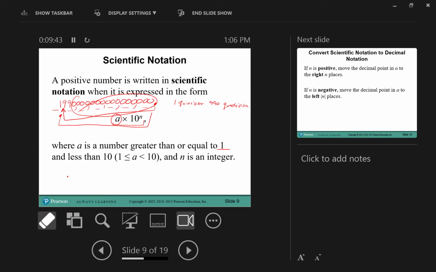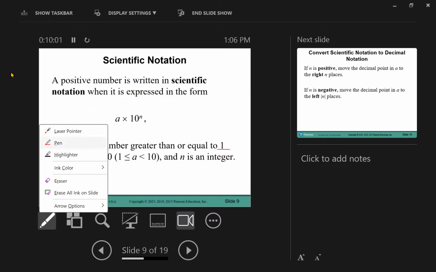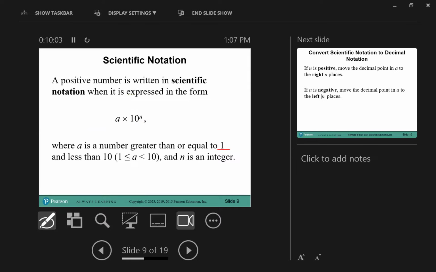Now, this is also very useful for very small numbers. And I don't mean very small numbers like 1. I mean very small numbers like the size of an atom. If I have a very small number like 0.0000000, I mean, do you get where I'm going with this?